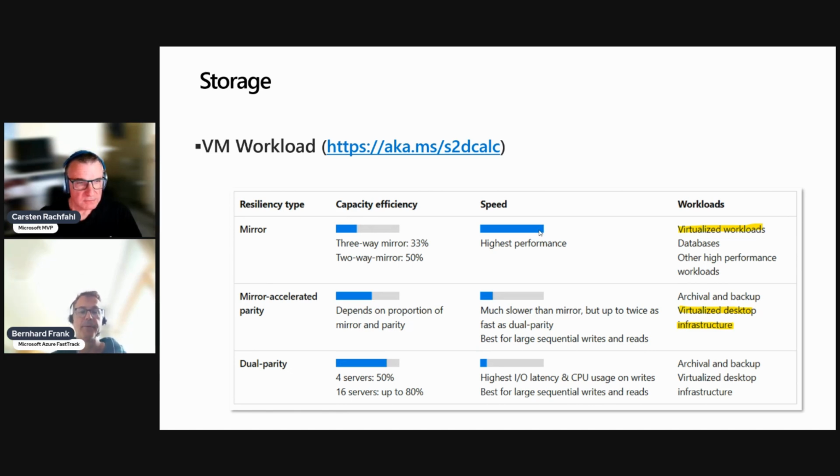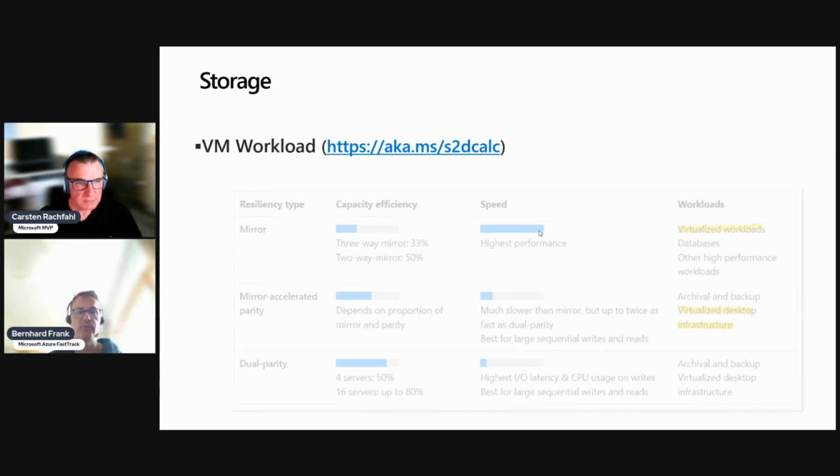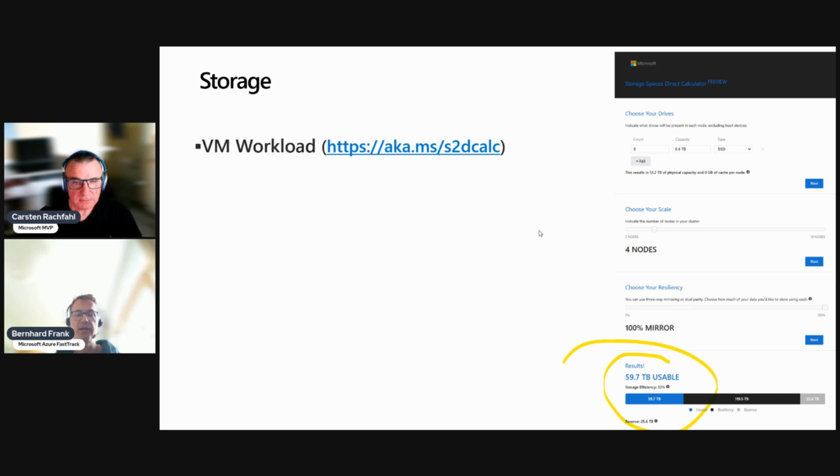And there is a slider that you can move around for the type of sizing. Do you want to go 100% for mirror, or to a certain portion where you say, let's take the slider a little bit to the left and get a little more efficiency out of my storage system when it comes to the number of disks?